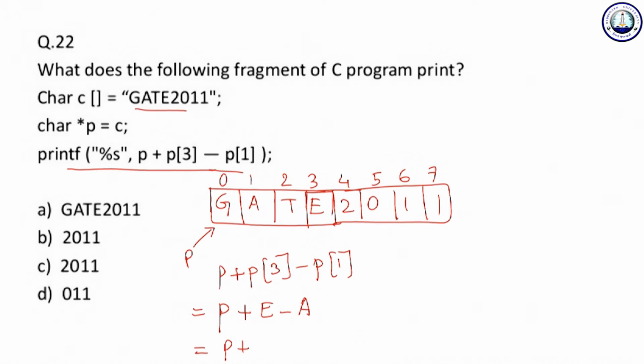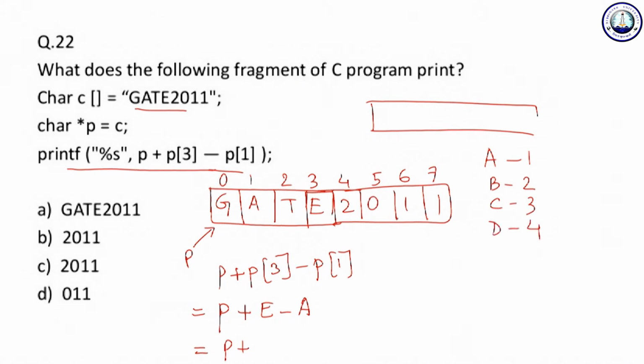As per the ASCII-like numbering, not in the array, we can write A as 1, B as 2, C as 3, D as 4, E as 5, F as 6, and so on, Z as 26. So here E is 5 and A is 1. So 5 minus 1 is 4.